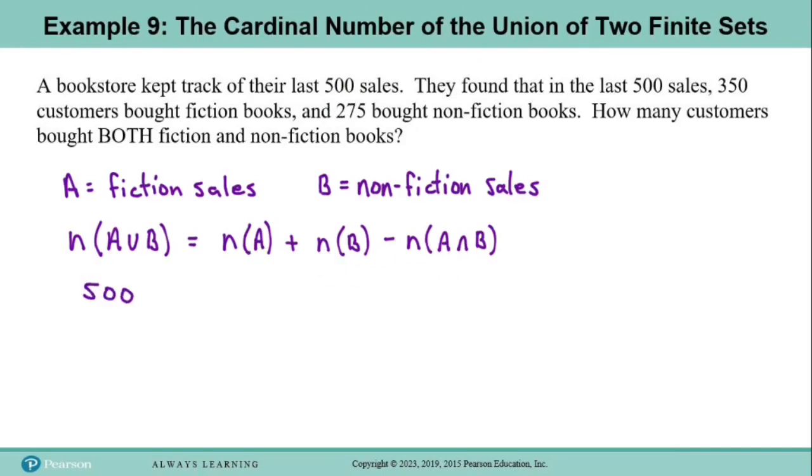All of these sales have to add up to 500. And then we know that the number of sales in set A was the 350, and we know the number of sales in set B is the 275, and then in order to get to 500 we have to subtract the number of sales that are both, and of course that number is what we're looking for.